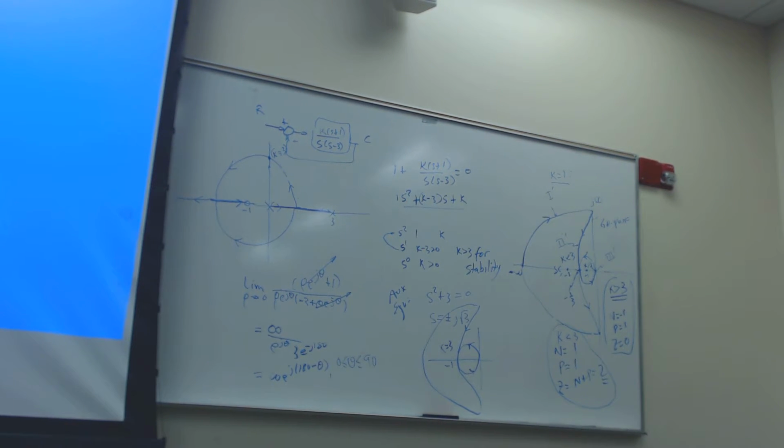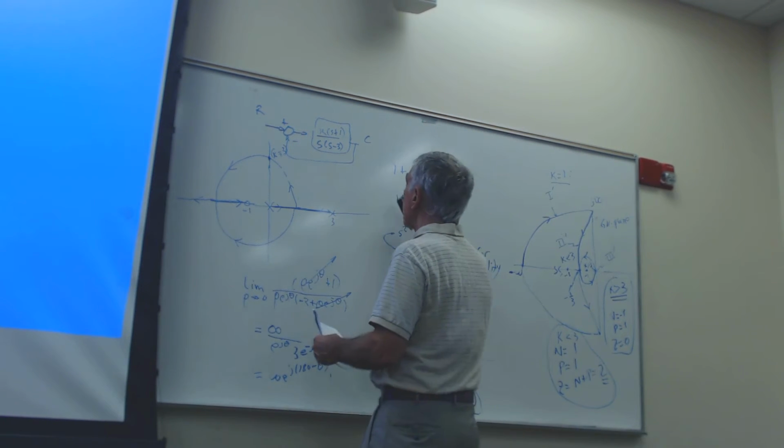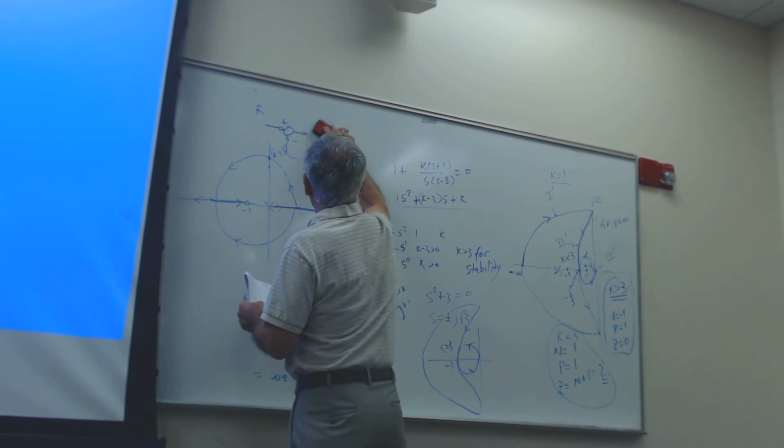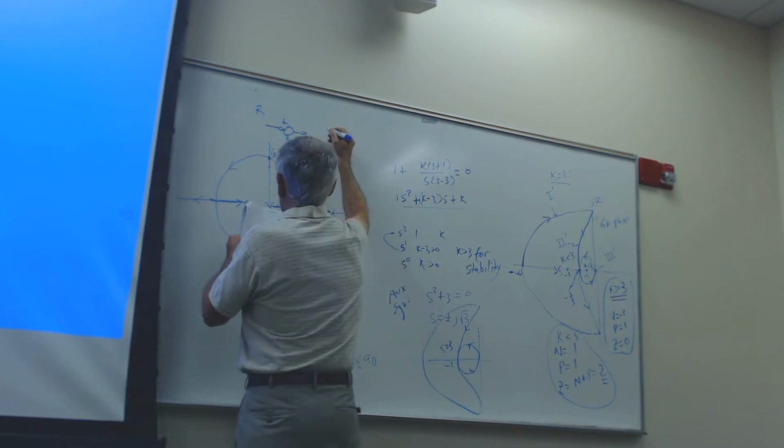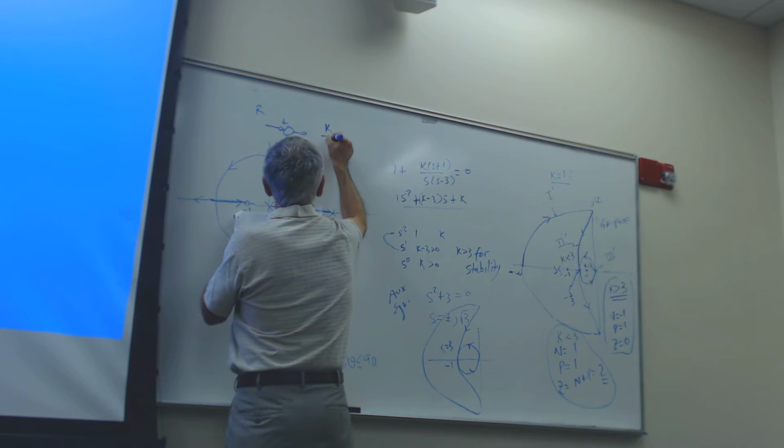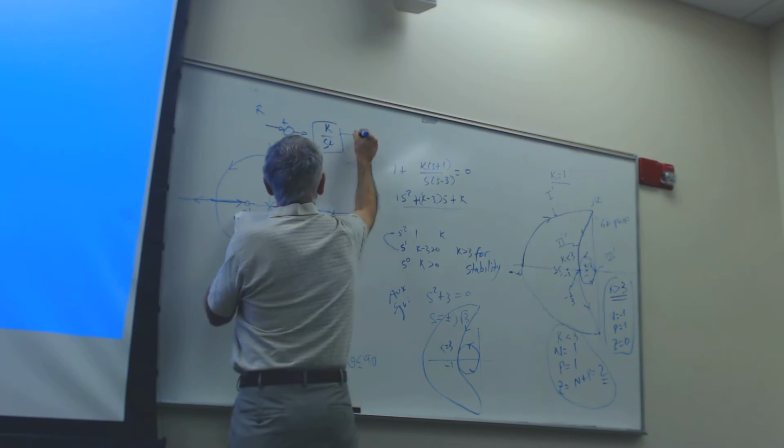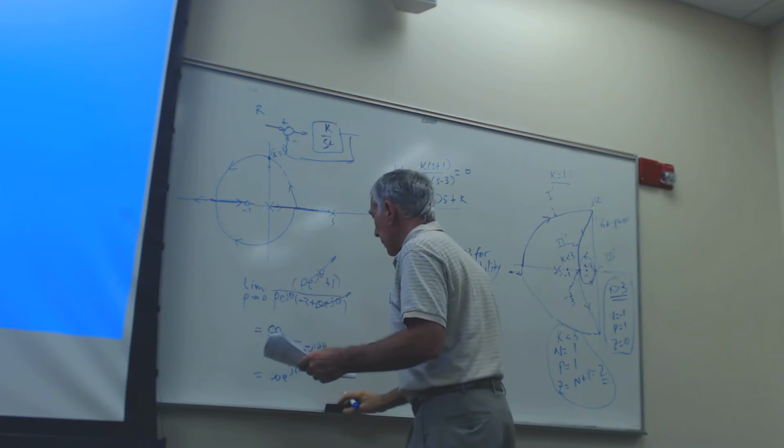Okay. So let me go through another possible problem here. Let's do this one. We have k over s squared.